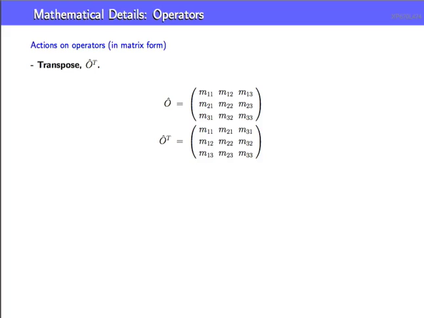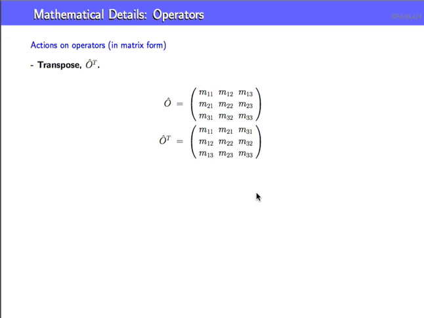If I represent the operator as a matrix with these elements, here's just a 3 by 3 matrix. Again, it could be n by n if we want. There's two ways to think of this. One is that if you represent each element with subscripts, row then column, so again, row 1, column 2 there, all you have to do is flip the subscripts. That's one way to think of the transpose.